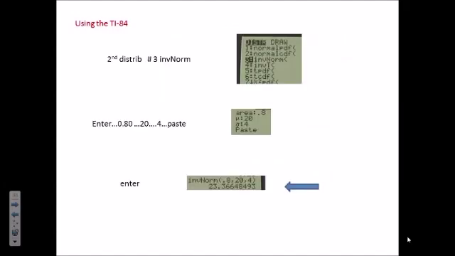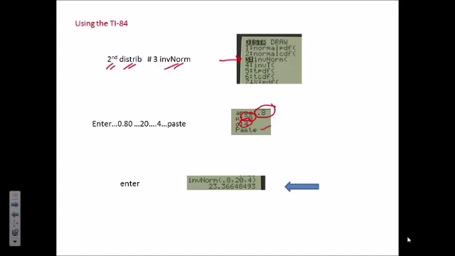So on the TI-84, it's second distribution, and then you choose number 3, which is the inverse norm function. Into that function, you put in the area, which is 0.80, or in this case, 0.8. The mu was 20, standard deviation 4.